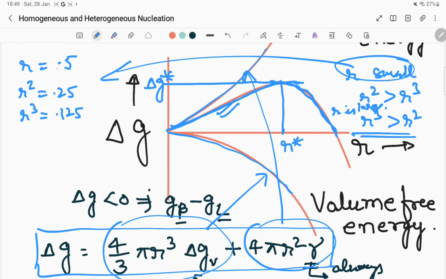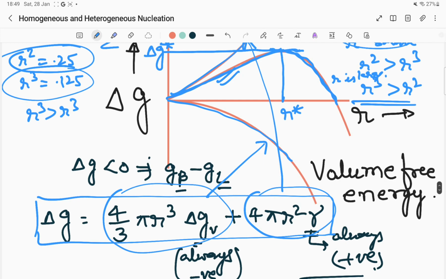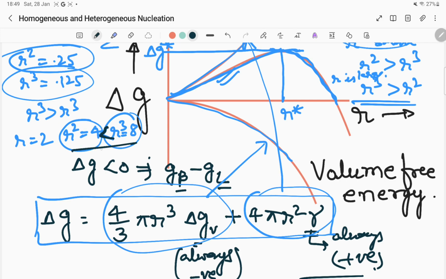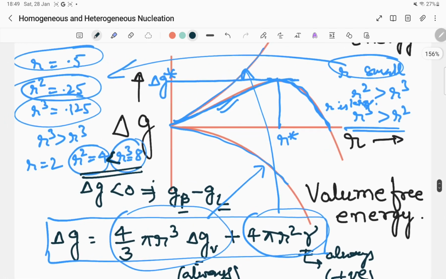So mathematically we can see whenever R is small, R square is greater than R cube. And if the value of R is greater than 1, like R is equal to 2, then R square is 4 and R cube is 8. So here R cube is more than R square. This is the condition. So this is the mathematical reason for forming this curve.